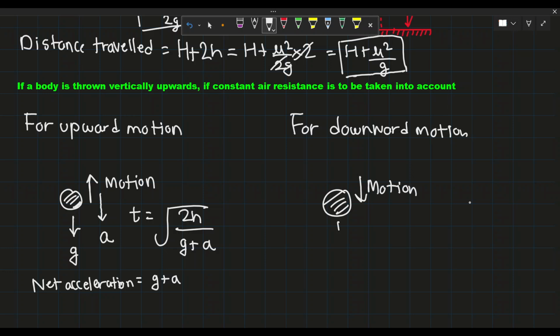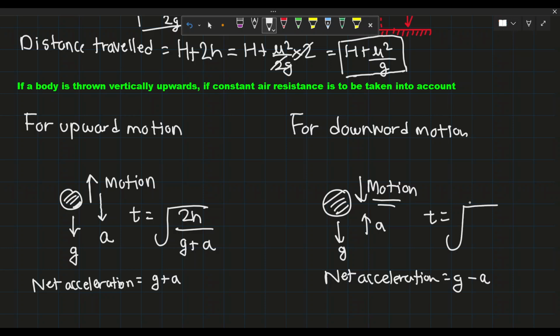The acceleration of gravity, we all know, always acts downwards, and the air resistance will try to resist the motion, so it will act vertically upwards. So here your net acceleration would be g minus a. So the time required to reach the ground would be under root of 2h upon g minus a.